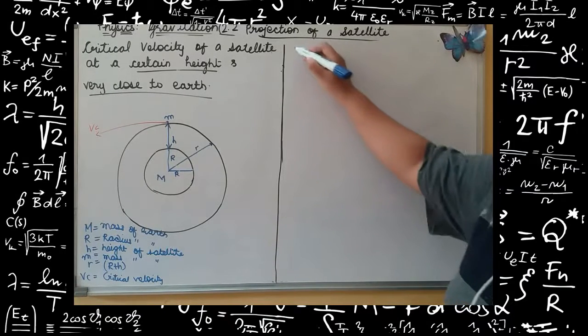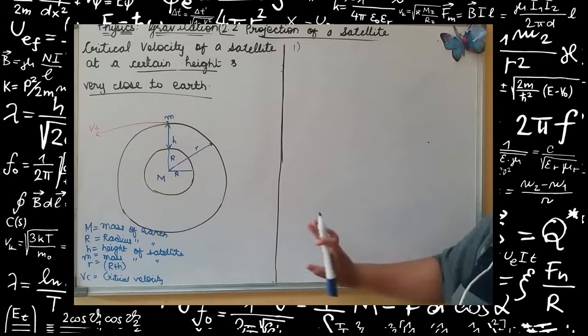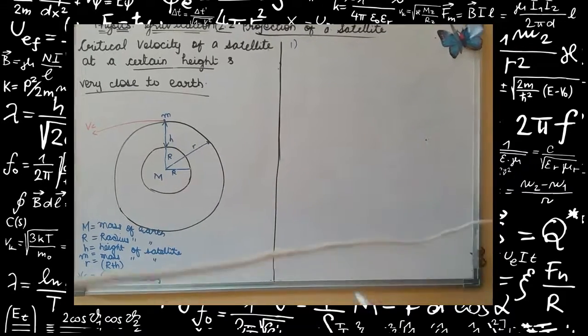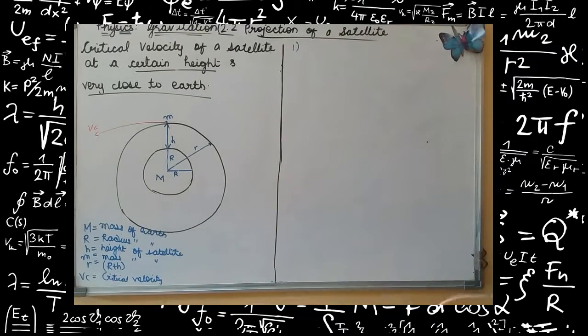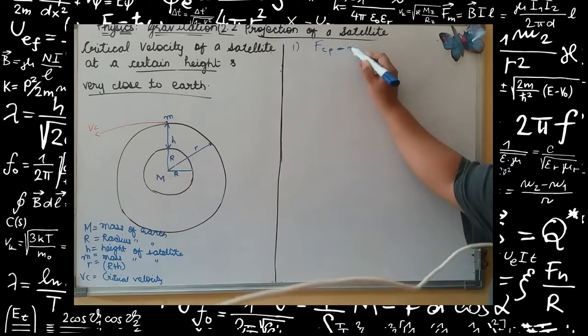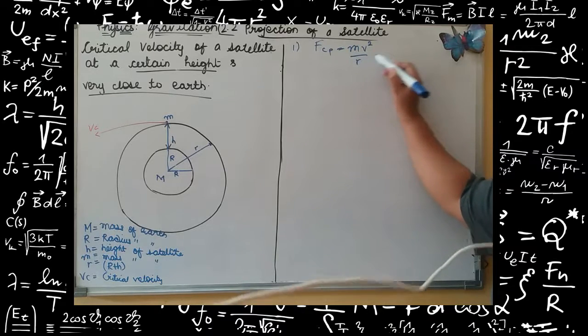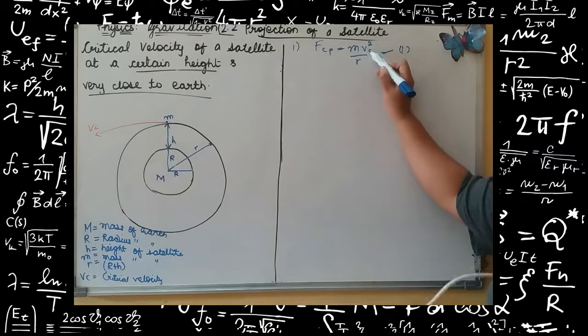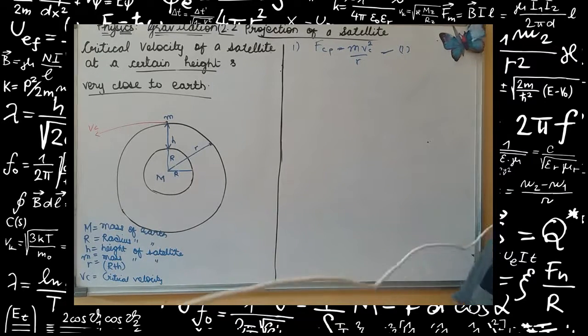First point, for any circular motion of the satellite, the expression for the necessary centripetal force is F_cp is equal to m v square upon r, equation number 1. Since we are taking critical velocity, we will write m v_c square upon r.